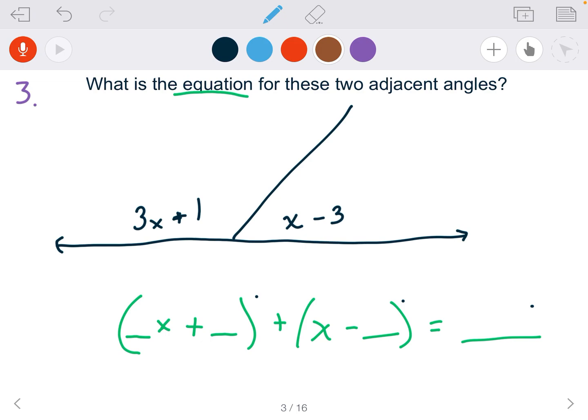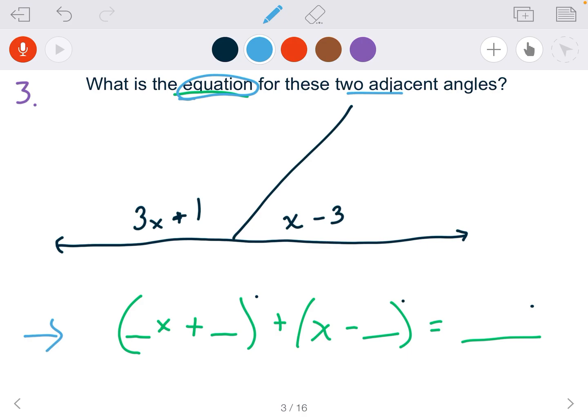Okay, moving right along. Number 3. You have this particular problem, and watch what the directions say. You're using the image. What is the equation for these two adjacent angles? It's not asking you to solve it. It is asking you for the equation. So down here in green, I've given you something similar to what you see.